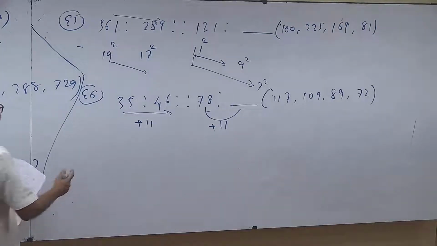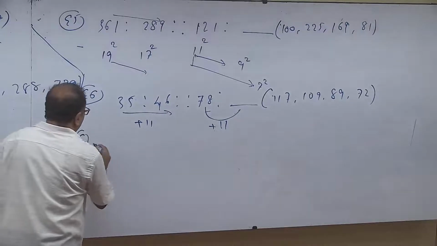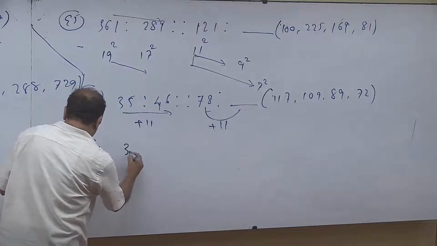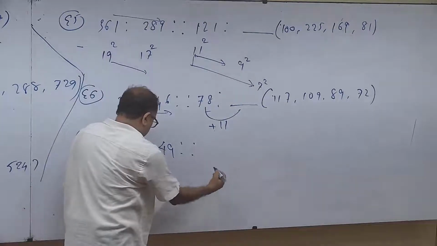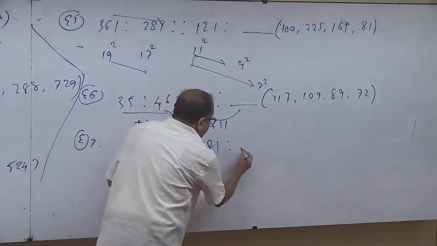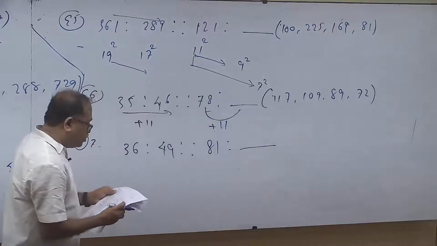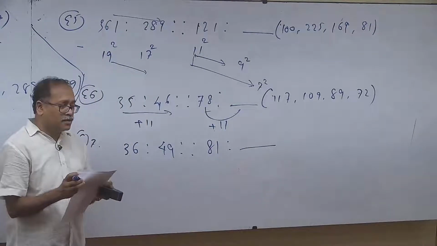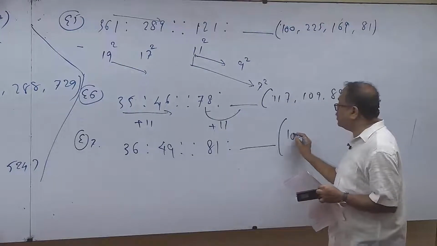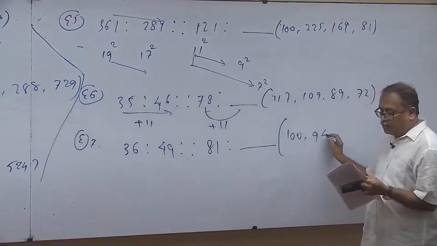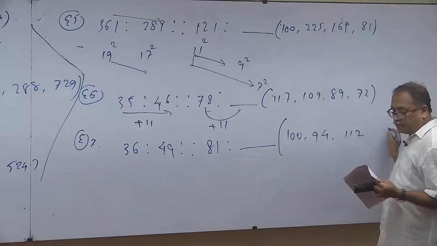Okay. Now similarly, if I move on to the next one, look at this. Example 7, 36 is written as 49. In that case, 81 will be written as what? And your options: 100, 94, 112.